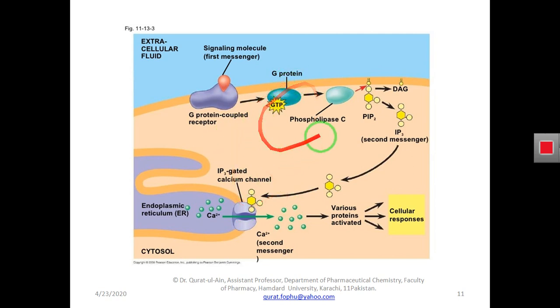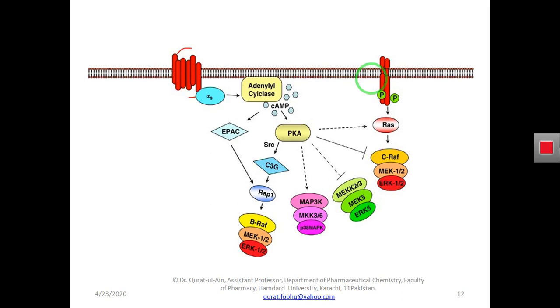Here we saw how the G protein activates phospholipase C after the binding of the ligand to the receptor. Now in the next slide we will see how, after binding of the ligand with the G protein coupled receptor, the G protein will activate adenylyl cyclase. So when the ligand binds with the receptor, what happens?